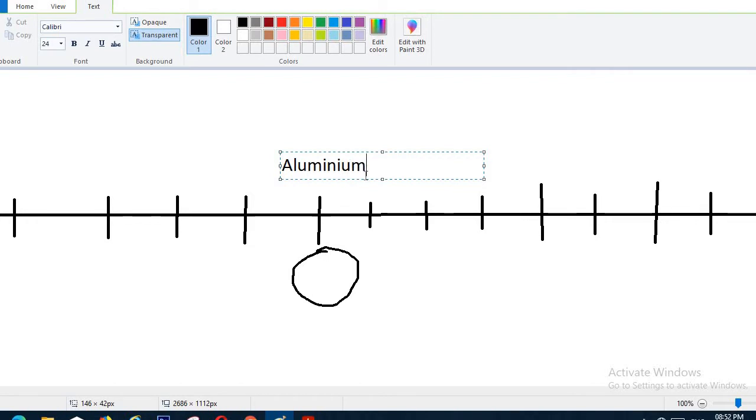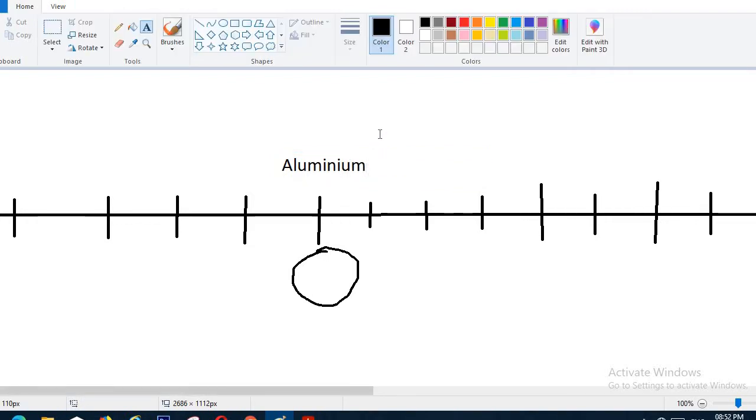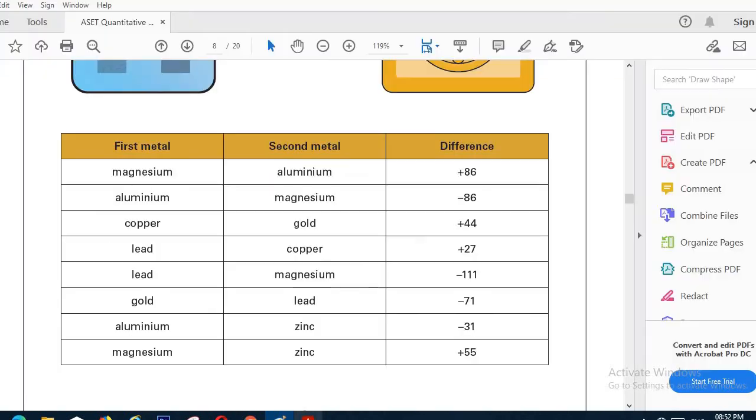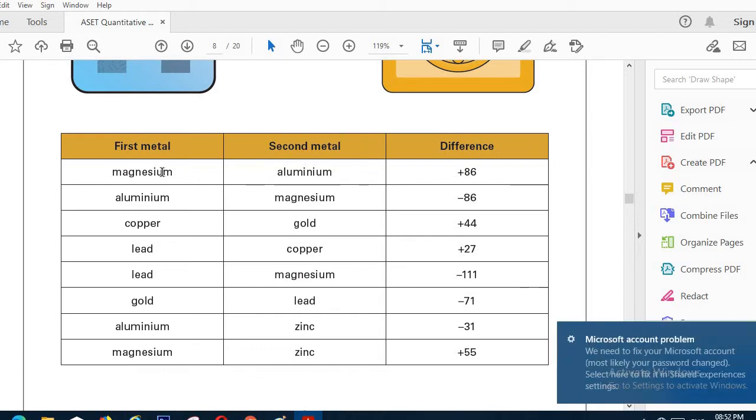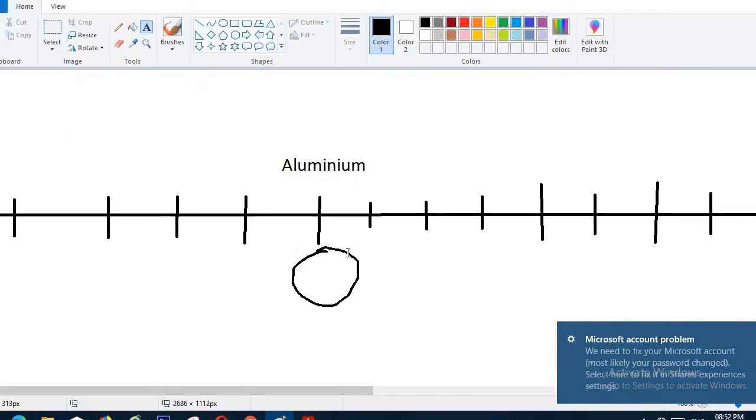So now this is 0 and this is aluminium. Now you just look at the table. The difference of reactivity of magnesium minus aluminium is plus 86. We already supposed aluminium as 0, so obviously magnesium will be plus 86.